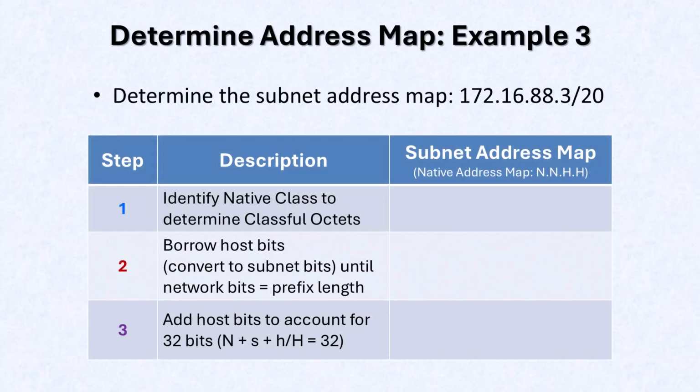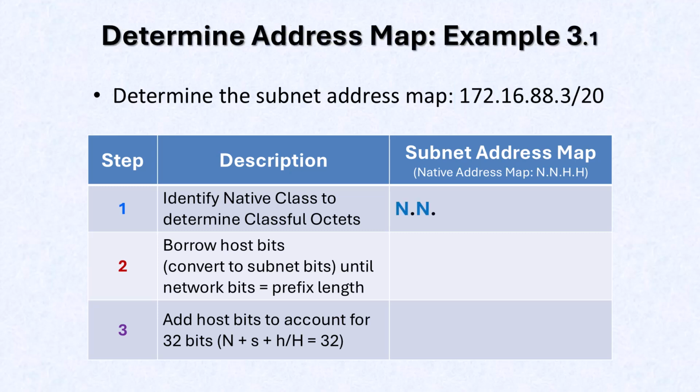Example 3. Determine the subnet address map for 172.16.88.3/20. Since the first octet is 172, the native class of this address is Class B. Since Class B addresses have two classful octets, we will start with two uppercase N's.